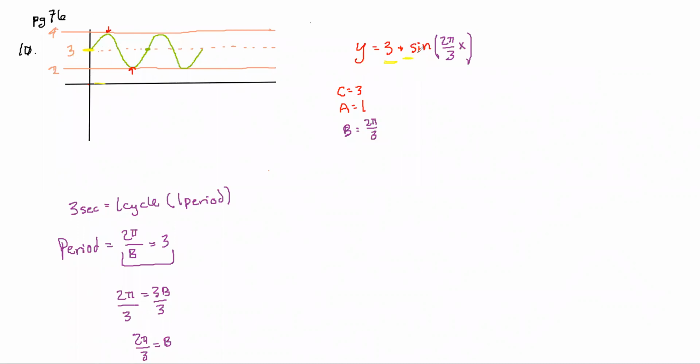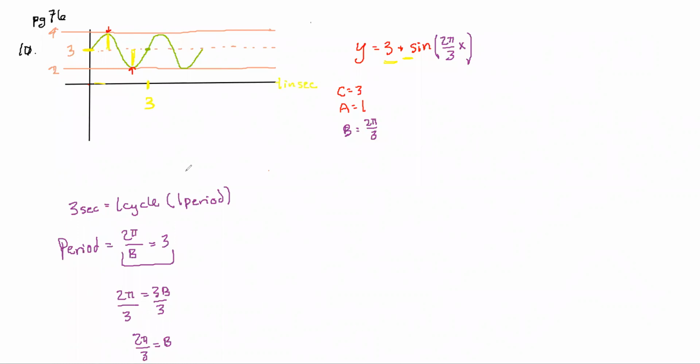My amplitude is going to be 1. That makes sense because I'm going from the 0 line, which is 3, to 4, and then down to 2. And then this period is going to be 3 seconds. T in seconds.